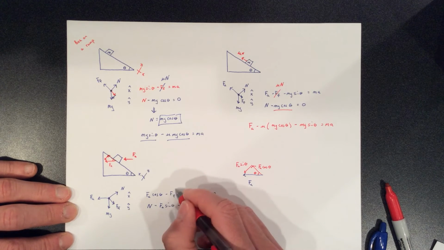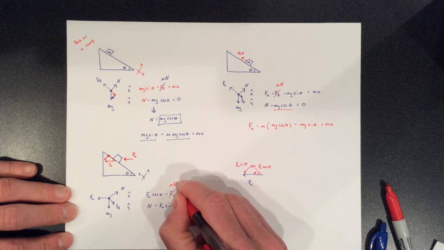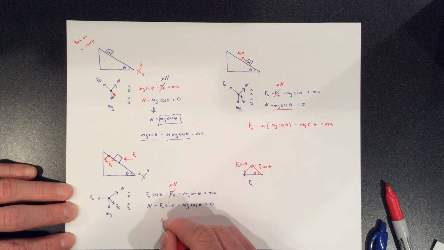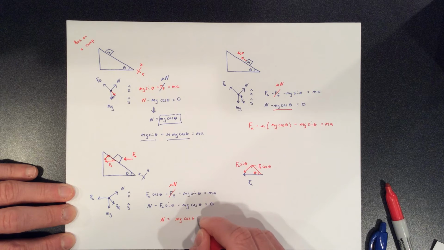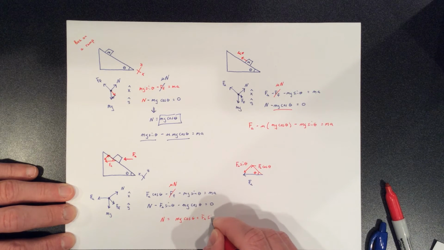And we would do the same thing. We'd replace friction by mu times the normal force. We would solve here, then the normal force is this crazy mg cosine theta plus Fa sine theta.